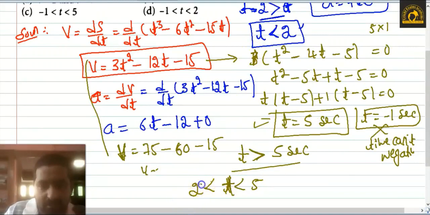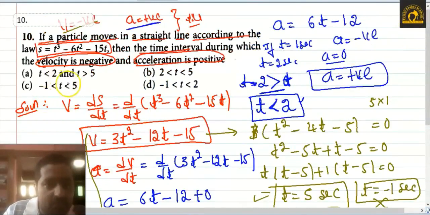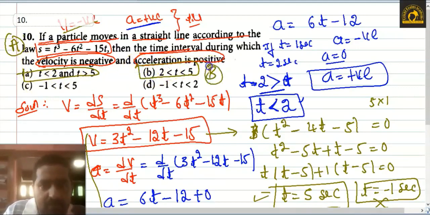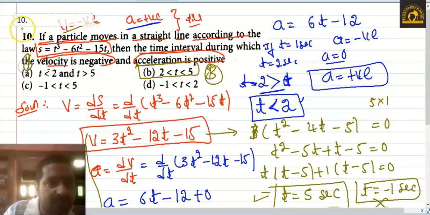Which option is correct? The time interval is greater than 2 and lesser than 5. Sorry, not option A, option B is the correct answer for this question.